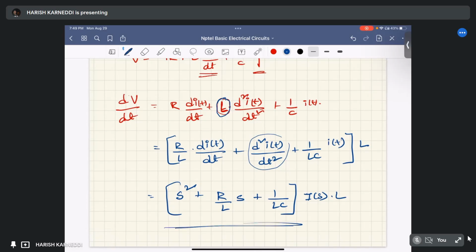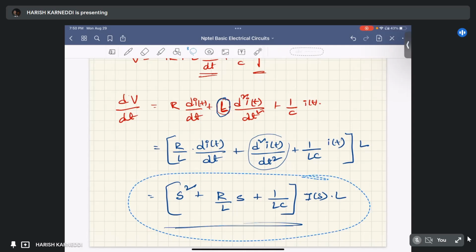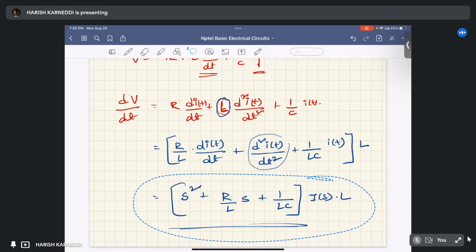You can compare this equation with the standard second order equation. I am copying this equation so we can use it next.